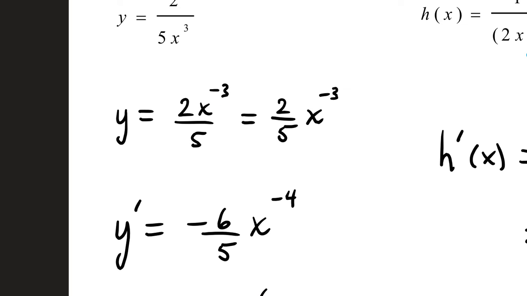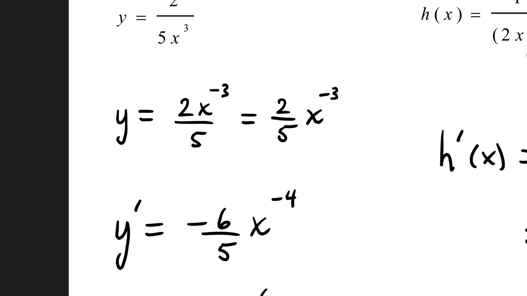Now I can separate and have 2/5 x to the negative 3. These are equivalent. All I've done is applied the power property in algebra. So I crossed the fraction bar, the 3 became negative. Now using power rule, 2/5 times negative 3, that's negative 6/5.